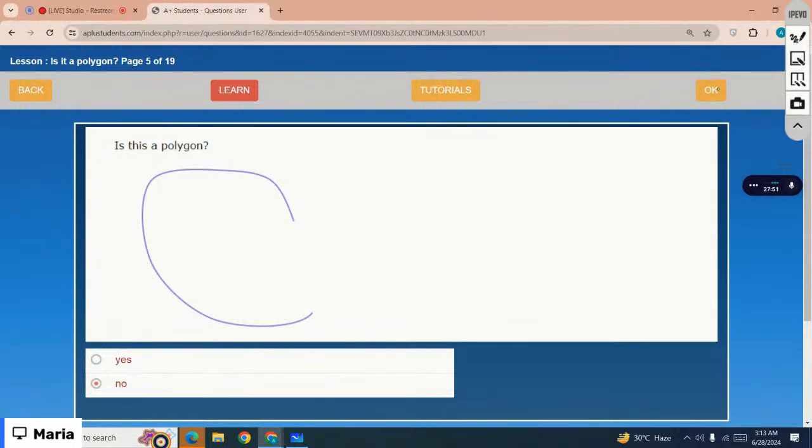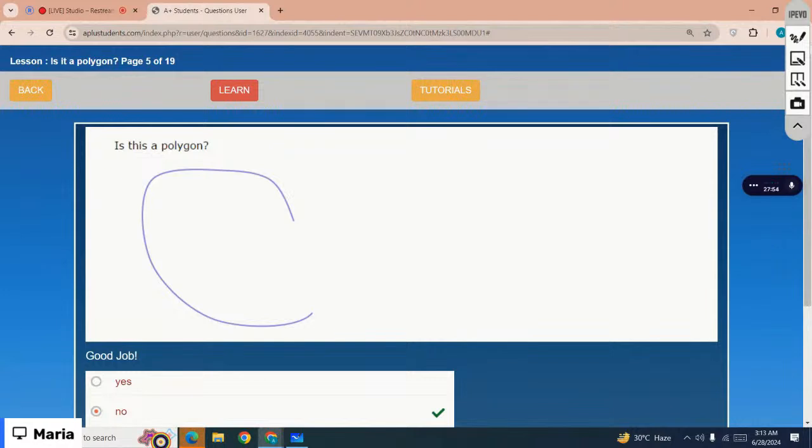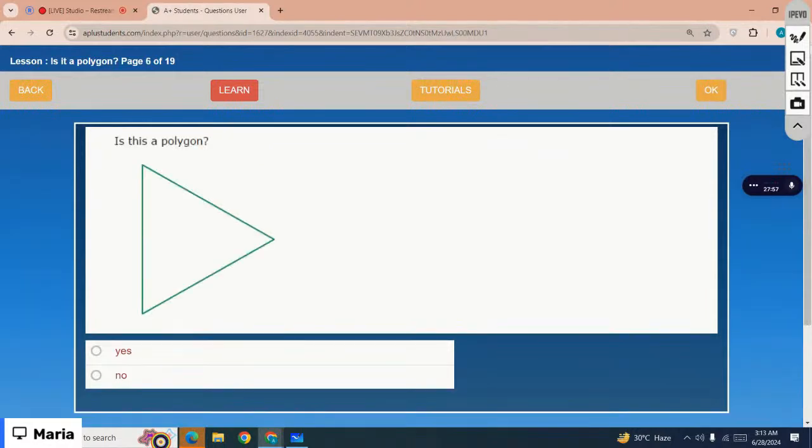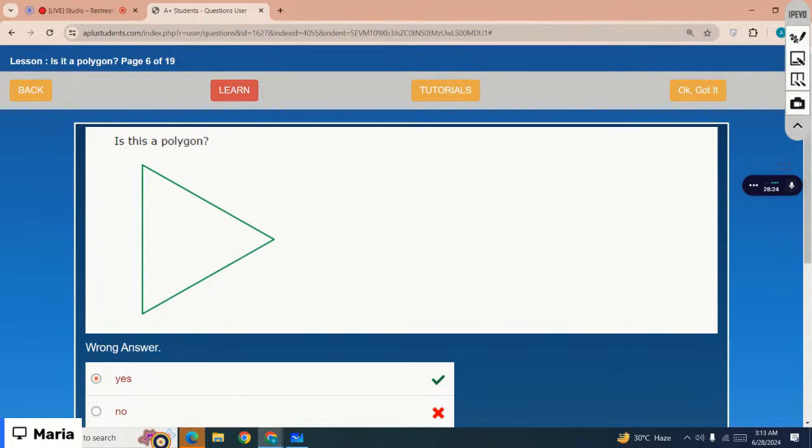No. The correct option is no. Is this a polygon? That's a triangle. It is a closed shape with straight lines. So yes, that is a polygon. Poly means more than one sides, right? So yes, that is a polygon.